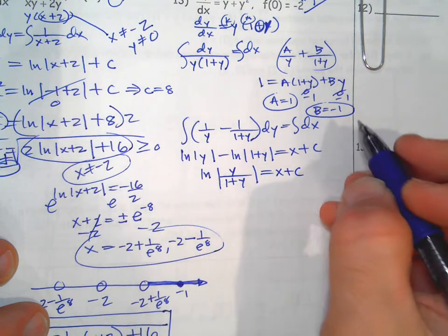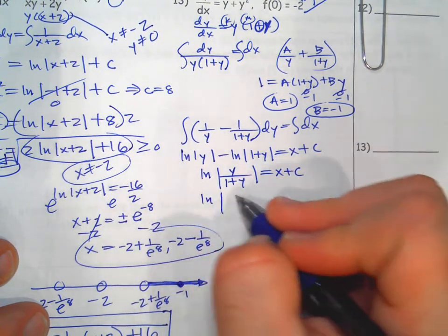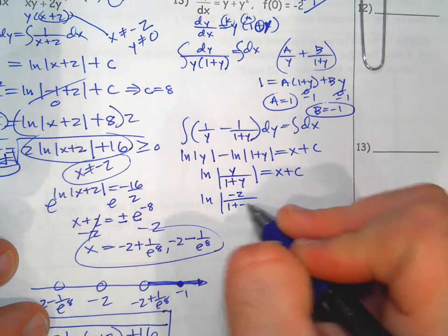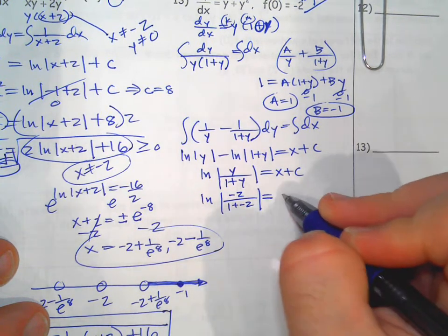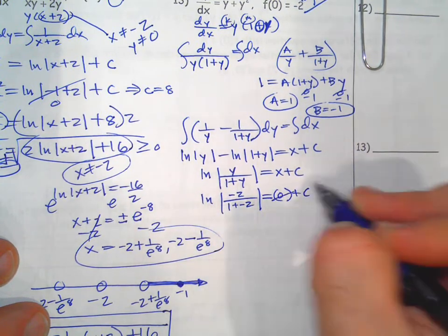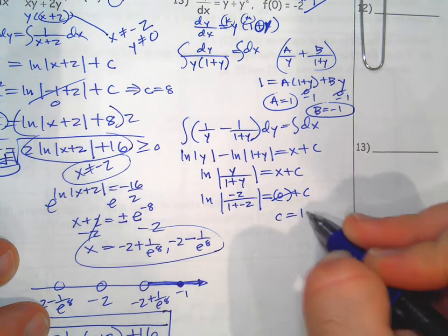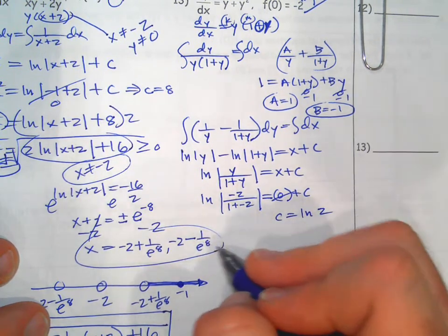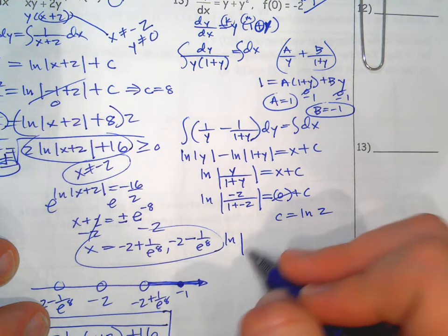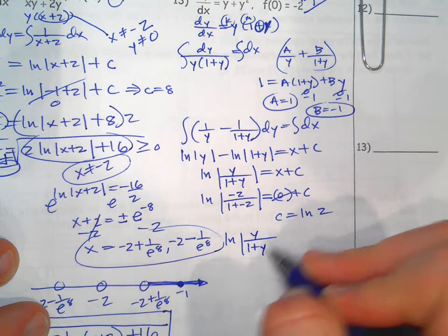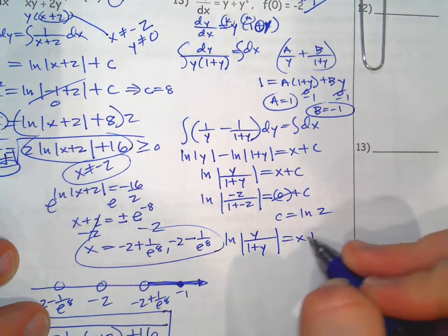And then let's use the initial condition. And C equals natural log of 2. So we're going to rewrite it: natural log of the absolute value of y over 1 plus y equals x plus natural log of 2.